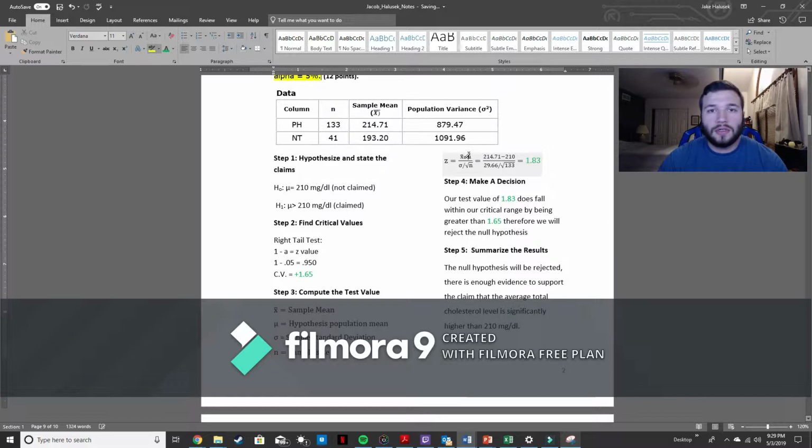We replace the variables with the numbers we are given: our sample mean being 214.71, our mean here being 210, our standard deviation being 29.66. That's simply found by taking our population variance and finding the square root of that to get rid of the squared symbol. Then we're dividing that by the square root of 133, our sample size.